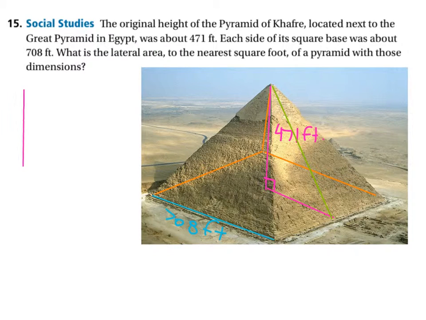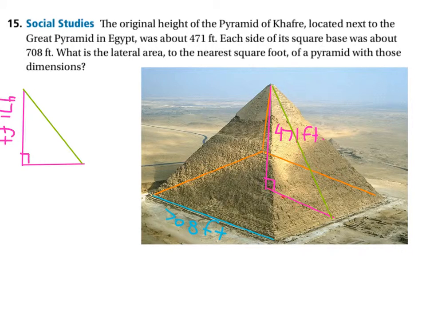And if you can see that triangle that we formed, I'm going to draw it right here. Okay, we've got a right angle in there, and we know that the height is 471, and I'm going to write it in as 471 feet. But we also know this length along here.